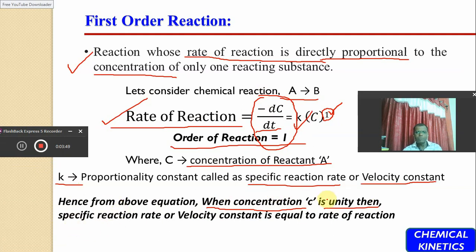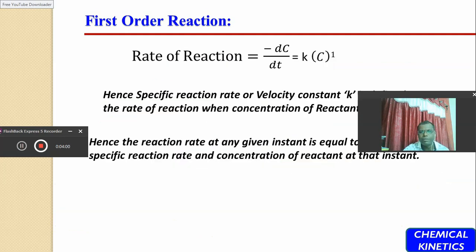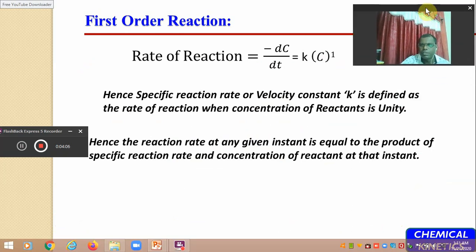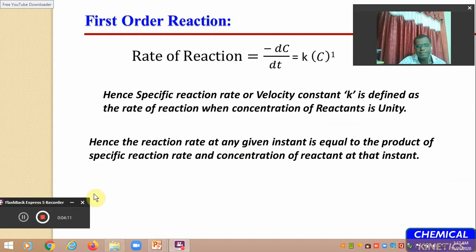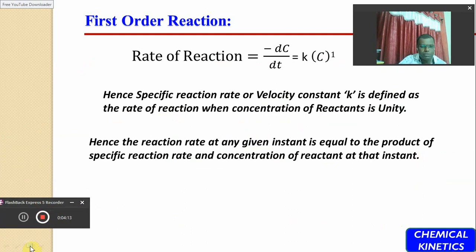That's why, whenever you want to define the specific reaction rate or the velocity constant, it can be defined with the condition that the concentration of the reacting substance is unity.